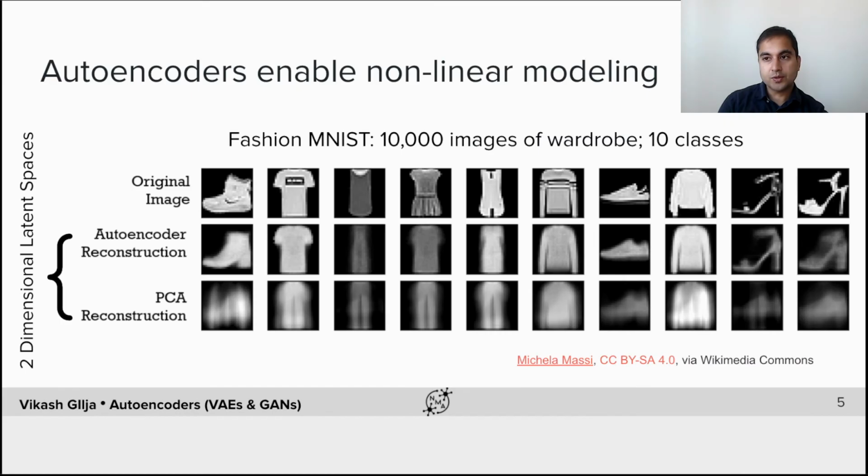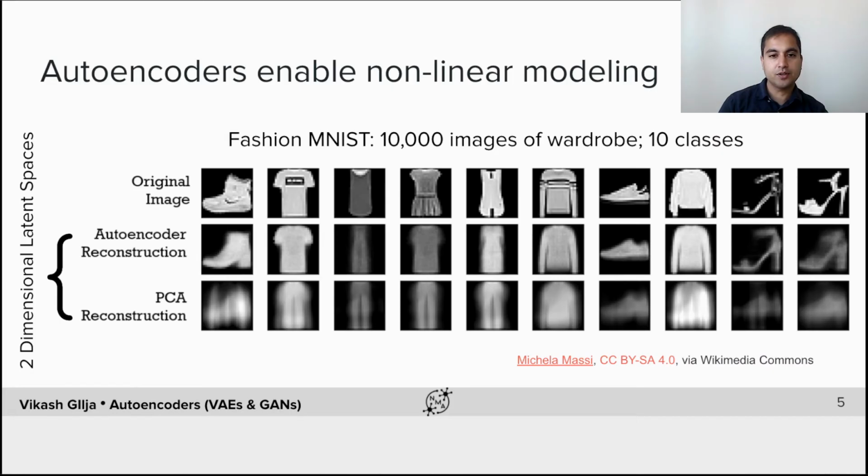Now, what do these autoencoders enable? Here's an example of representation and reconstruction of the Fashion MNIST dataset. This is a dataset of images of clothing from 10 different classes. Here I'm showing you the original images in the top row, and the bottom two rows are showing reconstructions from two different latent spaces. One is based on an autoencoder, reconstructing from a 2D latent space.